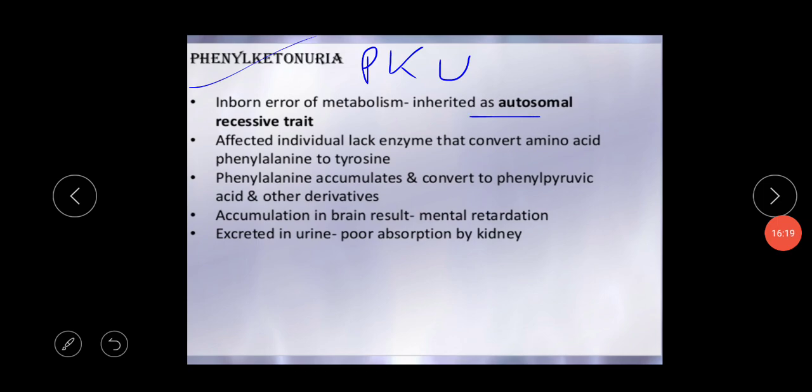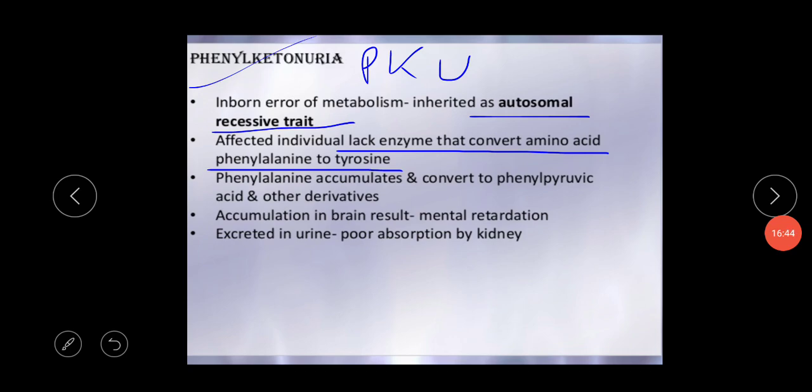So PKU is one kind of autosomal recessive trait. It affects individuals who lack the enzyme that converts the amino acid phenylalanine to tyrosine. This gene is located on the 12th chromosome.